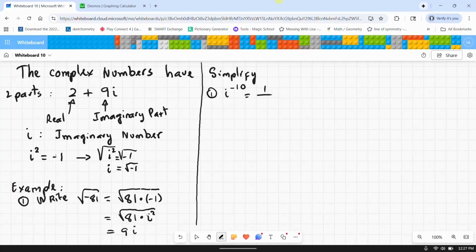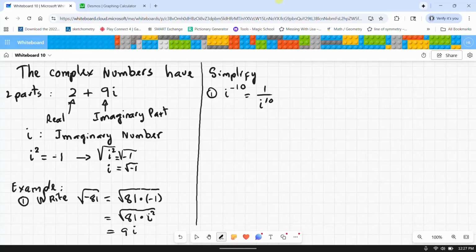We're going to have 1 over i, and we switch the -10 into +10. For this one, I'll just use i squared, and then I'm going to explain the i cycle, so we can simplify something with a larger degree.